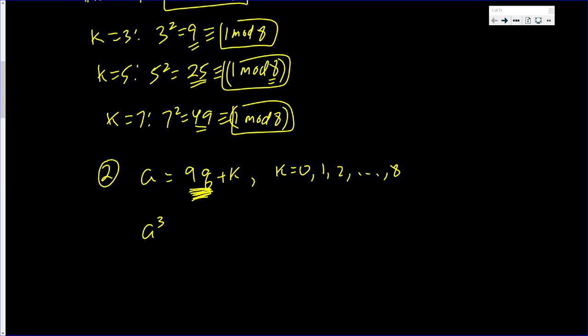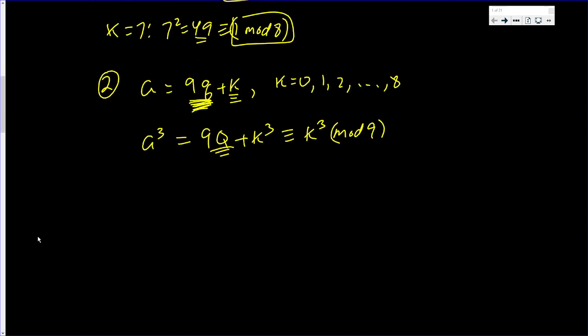Those all are going to have 9s in them. And then you're going to have k cubed. That is, a cubed is going to be in the form of a multiple of 9 plus k cubed. And this is just going to be k cubed mod 9, because that's 0.